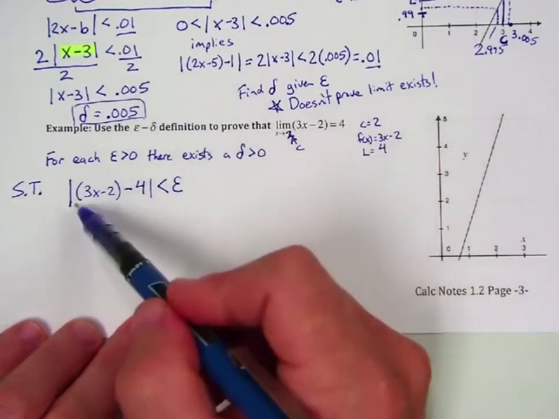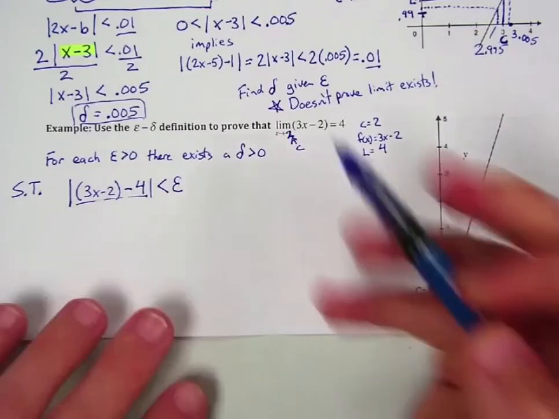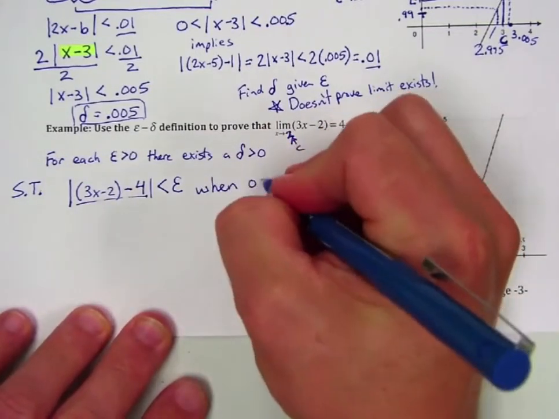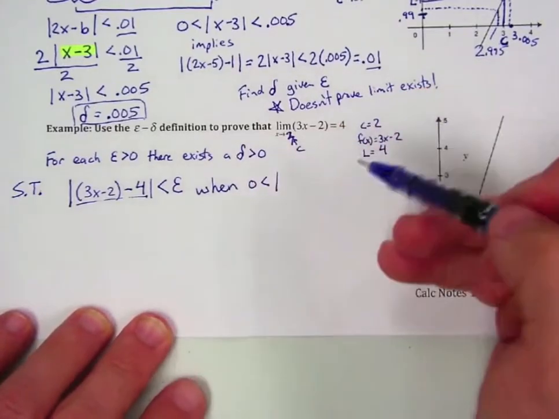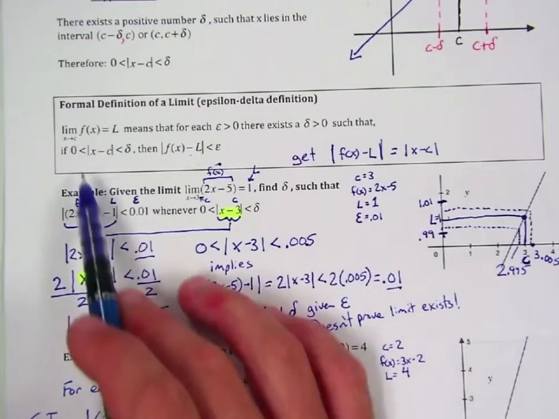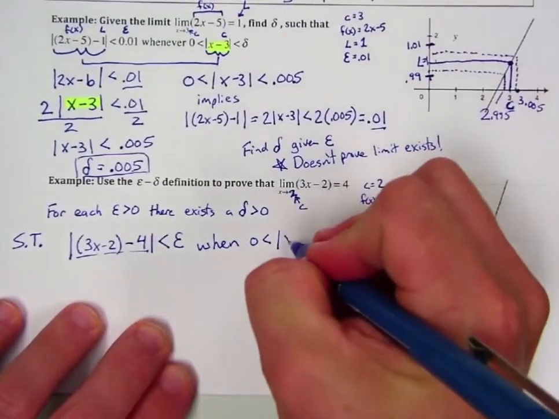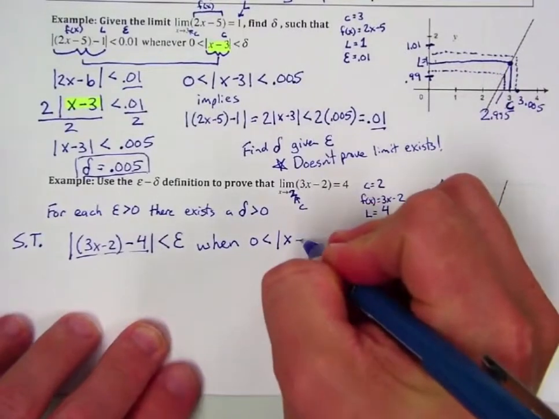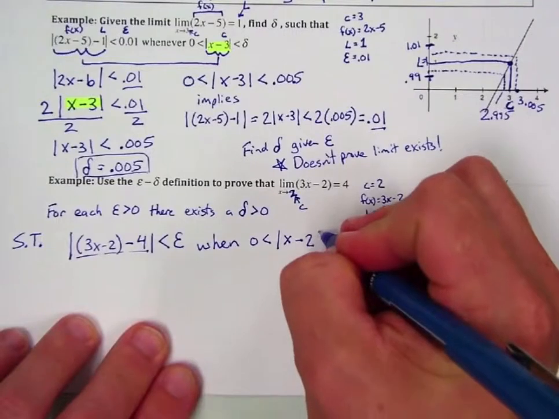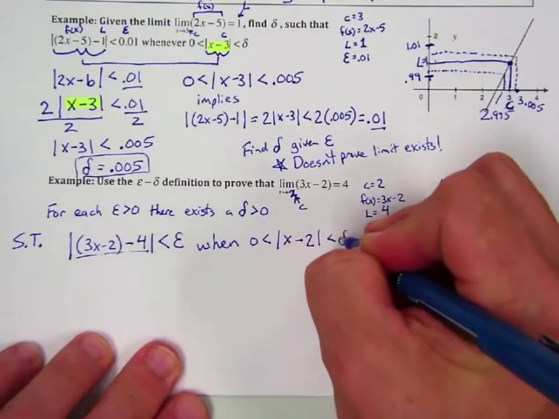We want to go ahead and get this whole part to look like, well, what are we trying to get it to look like? Well, 0 is less than the absolute value of x minus c, so we're just going to take this whole second part right from here. So we have x minus c, and c in this case is 2, is less than our delta.